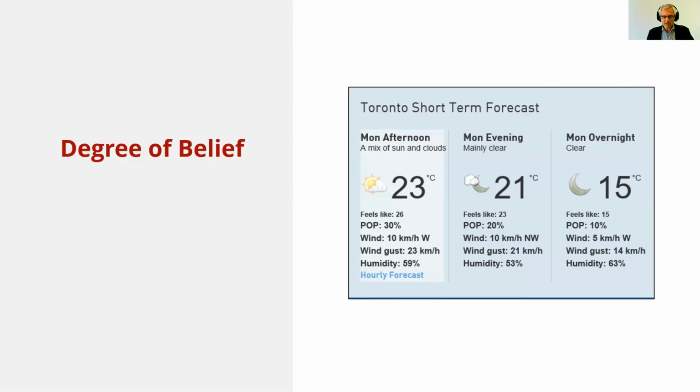And you might decide 40% is your threshold at which you think it's likely that it's going to rain. So what I just described is you had a prior belief about the probability of precipitation. You gathered some data, you have new experience, and you updated your prior belief to a posterior belief.